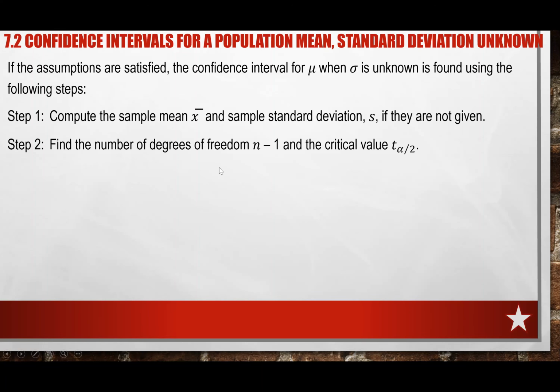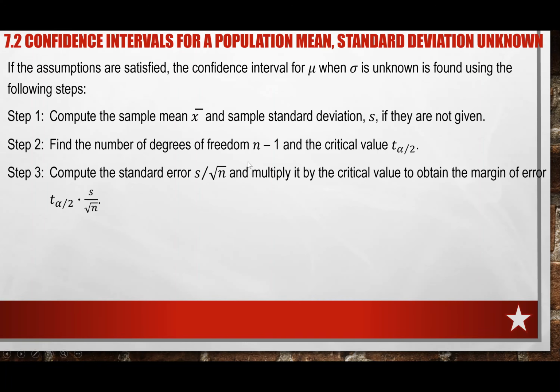After that, we need to find a critical value. But in order to find the t critical value, we need to have the degree of freedom first. And once you have the critical value, then you compute your standard error, which is the sample standard deviation divided by the square root of n.